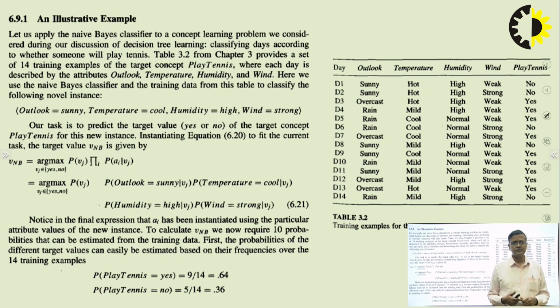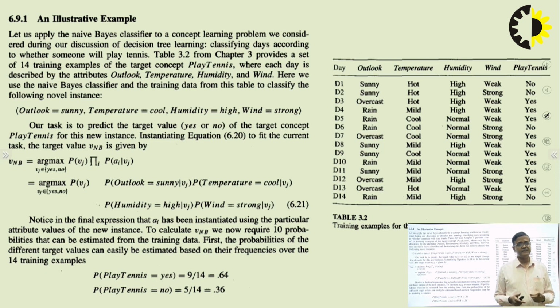The target value has two values, yes and no. And this is the product of P(vj) and the product of the terms of the probability of the attributes given vj. Because in our training examples we have four attributes, outlook, temperature, humidity, and wind, given the target value, which can be either yes or no, what will be the probability of these four attributes?